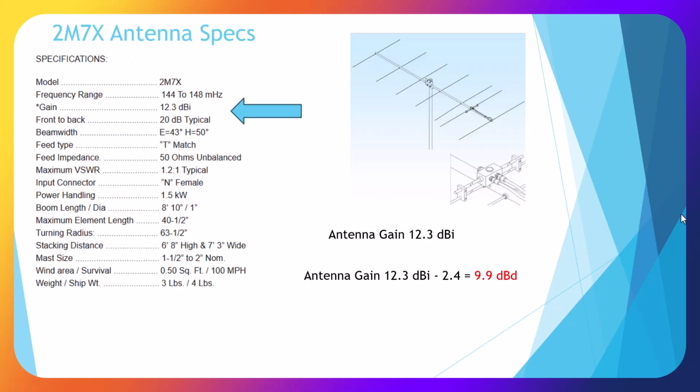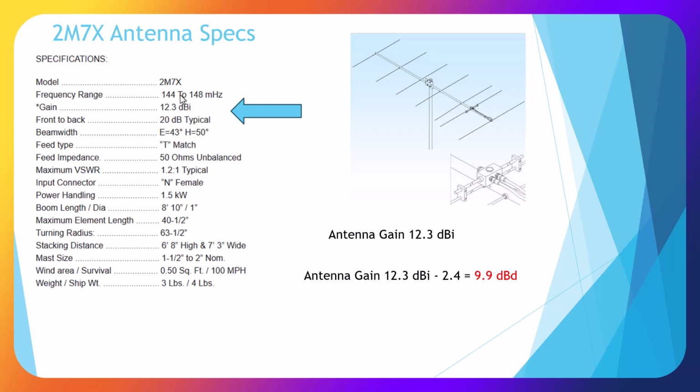Okay, let's take a look at our 2M7X antenna specs. We're interested in the 12.3 dBi, the gain of the antenna, and in order to convert dBi to dBd, we need to subtract 2.15.